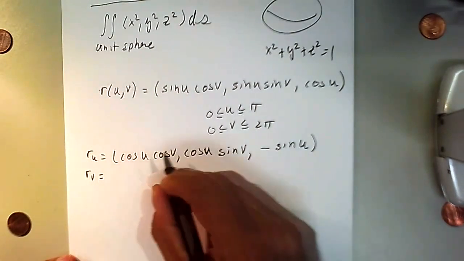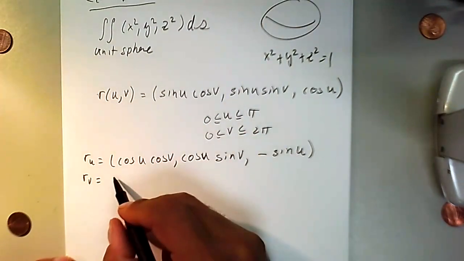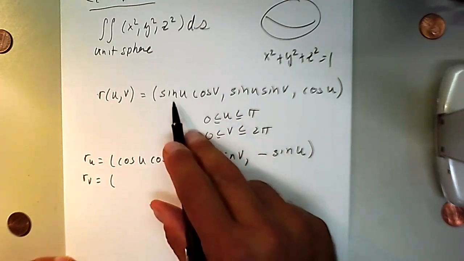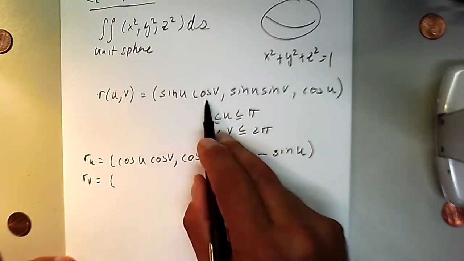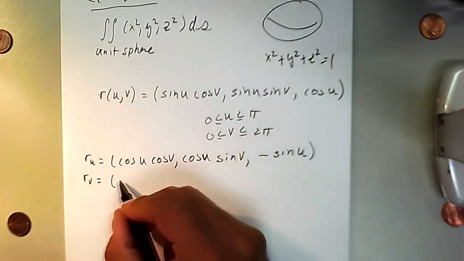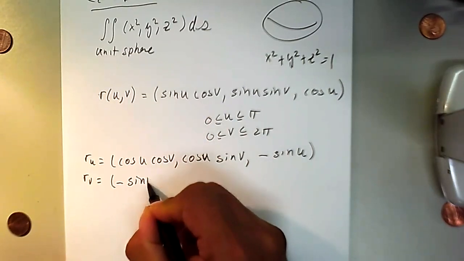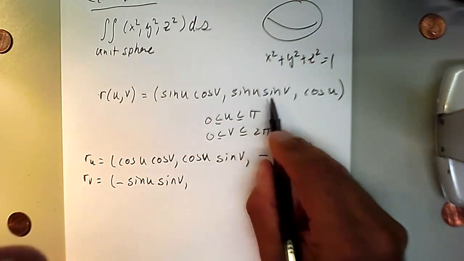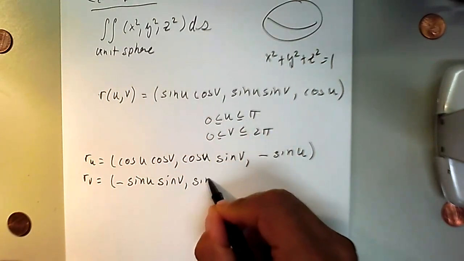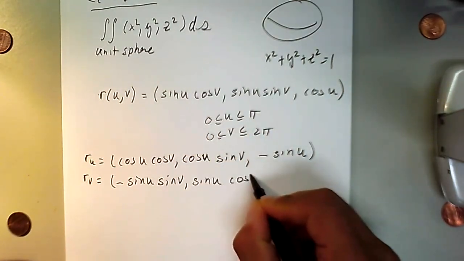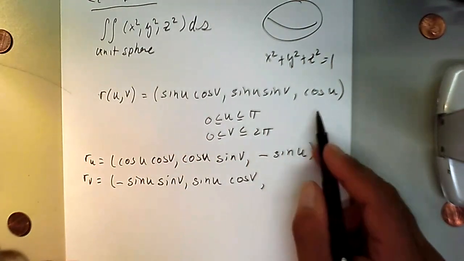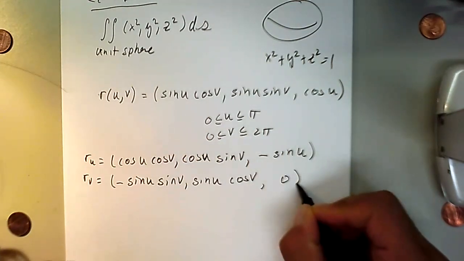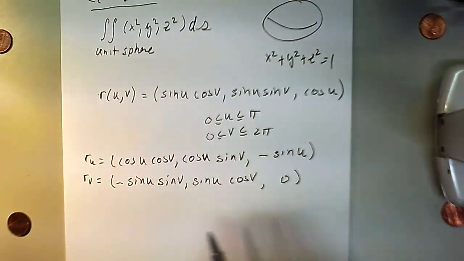R sub v would be negative sine u sine v, sine u cosine v, 0, because we're doing derivatives with respect to v.